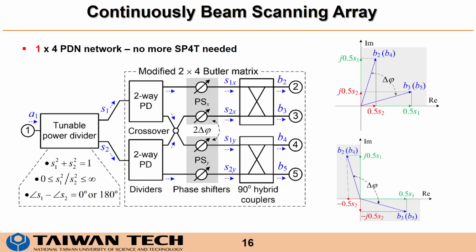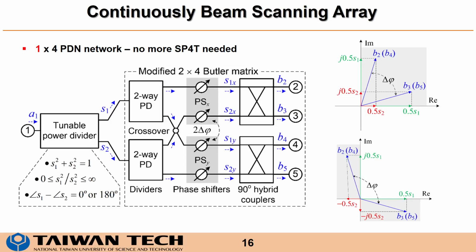In the design of circuits for beamforming networks, the SP4T is a type of switch that is very lossy and the cost of the element is very large. So in this design, we try to implement a low cost design and remove the SP4T needed in the beamforming network structure.